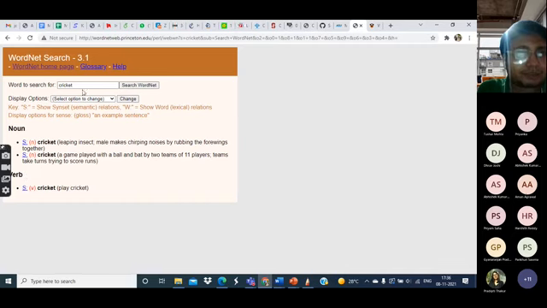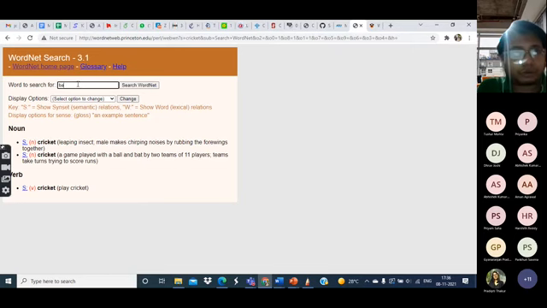So this is just an example of the kind of things which we can see in WordNet. We can search for other words also. This word, as you can see, is both a noun and a verb. Similarly, there can be words which are both a noun and an adjective, etc., right?